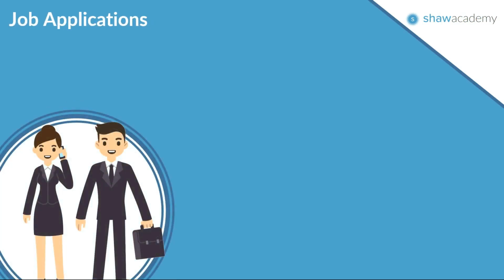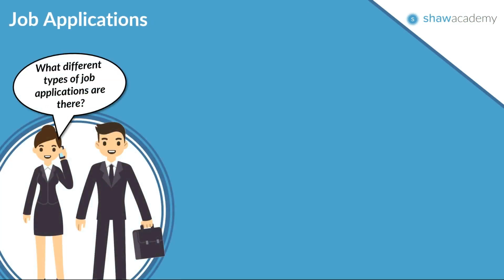So, what do we think? What different types of job applications are there? So what different types of job applications do we come across in today's world? And it's very simple. We come across both physical and online job applications.